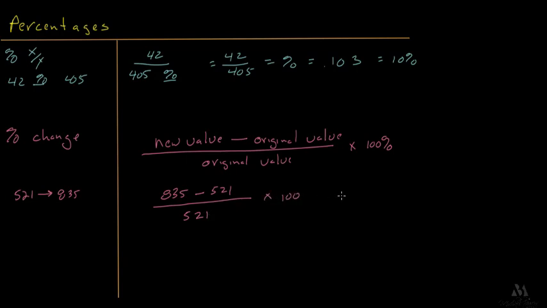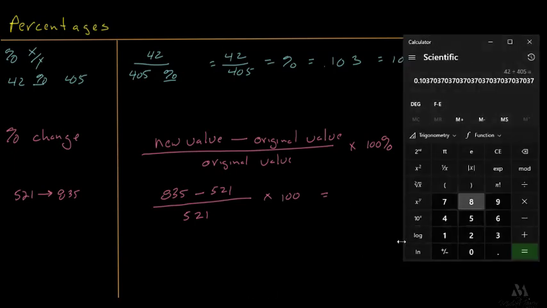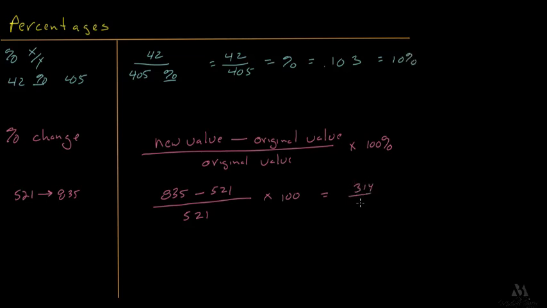We're going to have to take that times 100 to get percent. So 835 minus 521 equals 314. So it's 314 over 521 times 100.